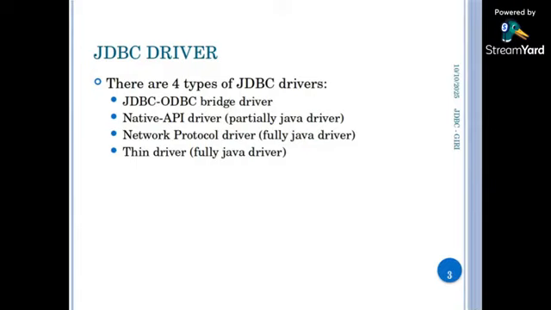So what Java application developers thought was, the ODBC driver is mainly converting the data sent by my application into my database format. Sir, I can do it myself. So that's where my native API drivers came in.